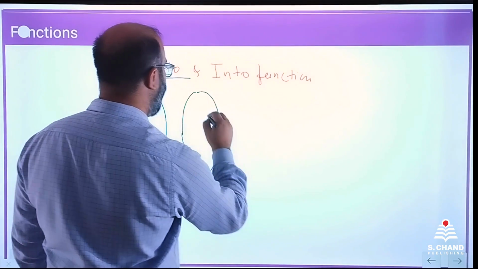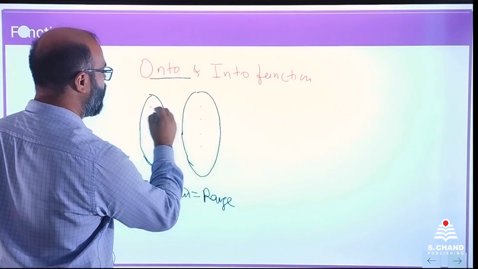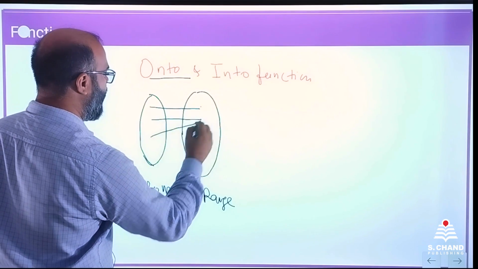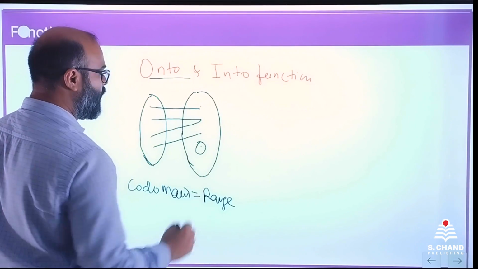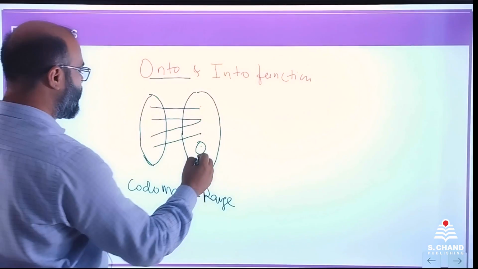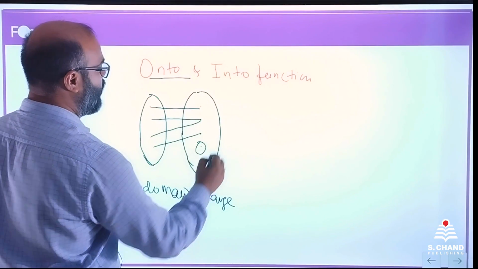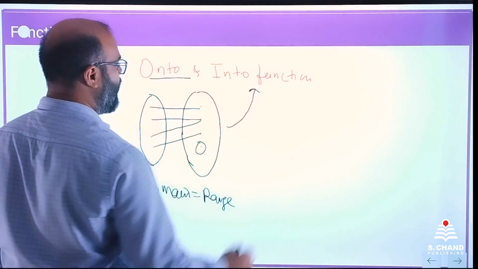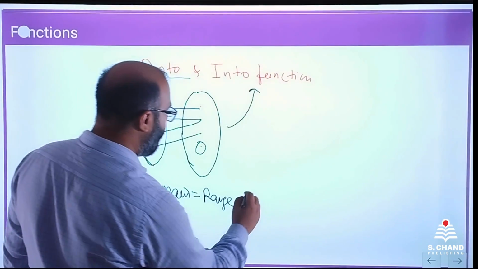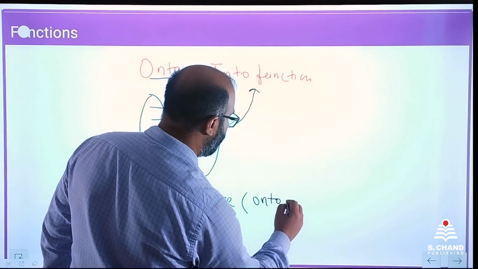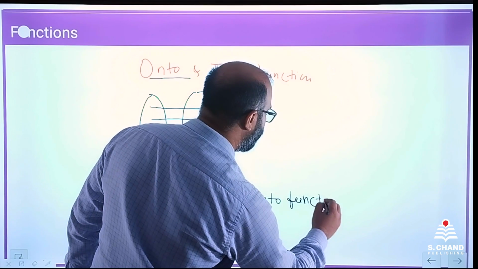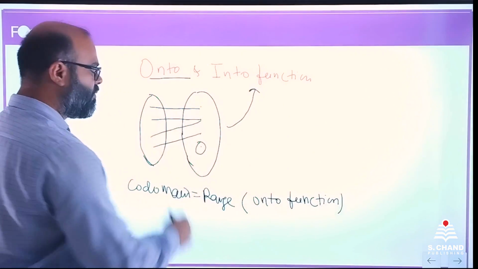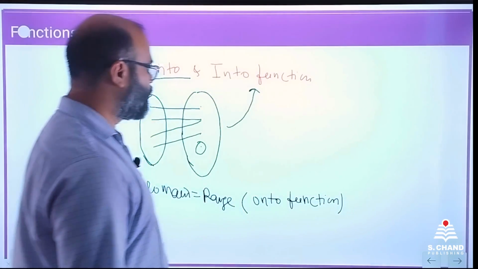And for example, these are the elements of set B and these are mapped like this, and this particular element has no pre-image, so we will say that here codomain is not equal to range. So this will become an into function. But in an onto function, we have codomain as range. That is, all the elements in the second set will have a pre-image.